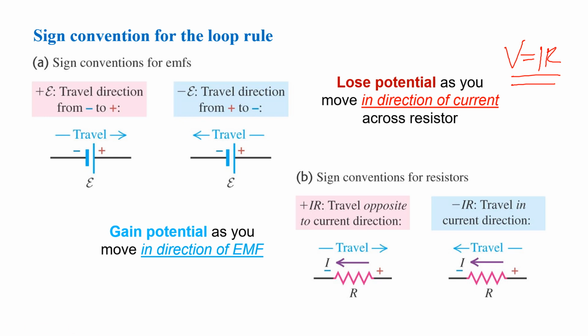So just remember, if you move opposite to your current, you have a positive voltage or positive IR. And you have negative IR if you travel in the current direction. So if your current and your travel direction are in the same direction, you have a negative IR or a negative voltage. And you lose potential as you move in the direction of current across the resistor.